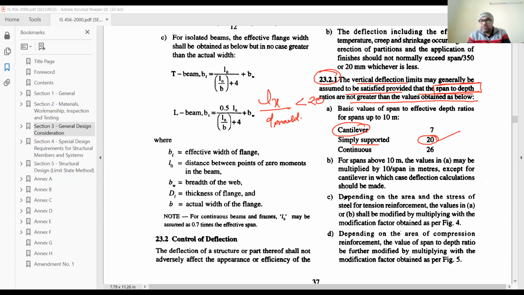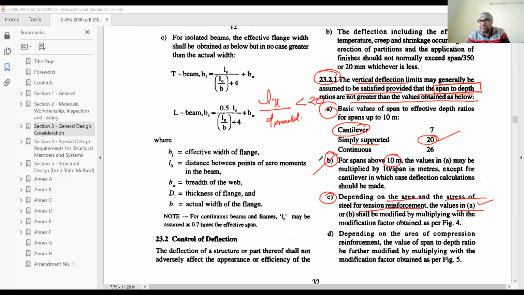So this ratio should be less than 20. Also in point C, because we are providing tension reinforcement in the slab, it says depending on the area and the stress of steel for tension reinforcement, the values in A or B are for spans above 10 meters.